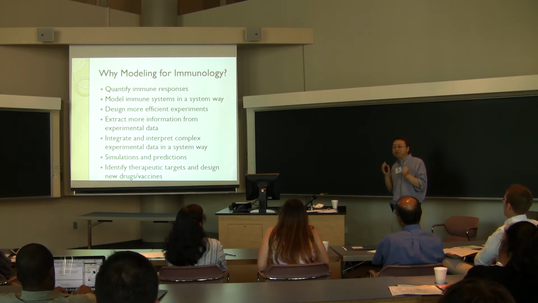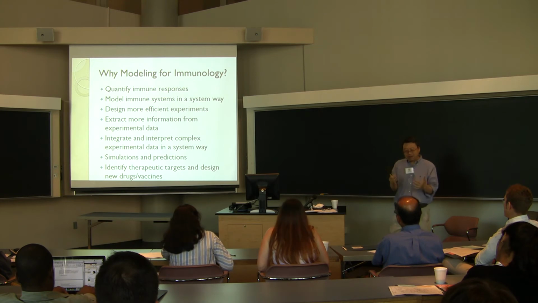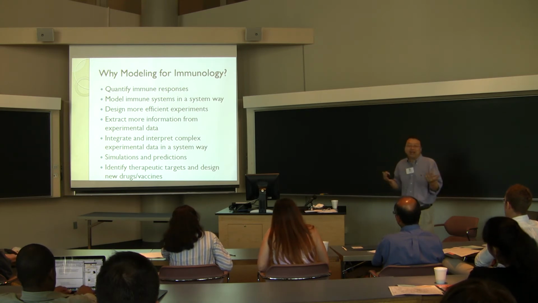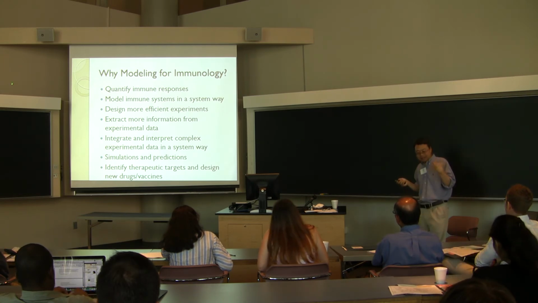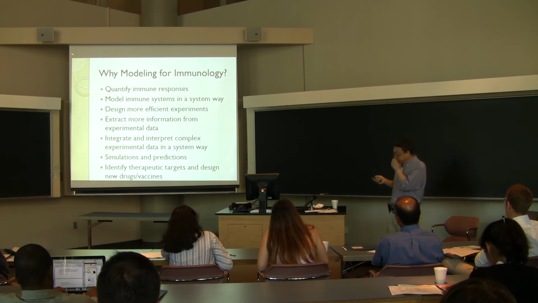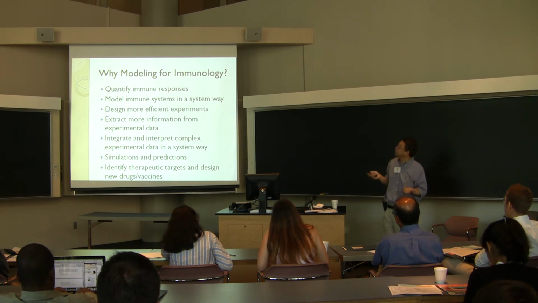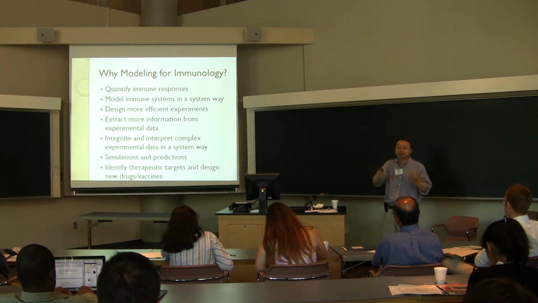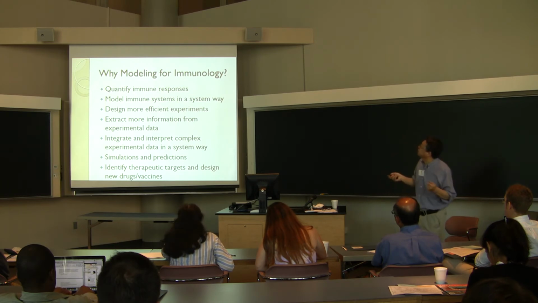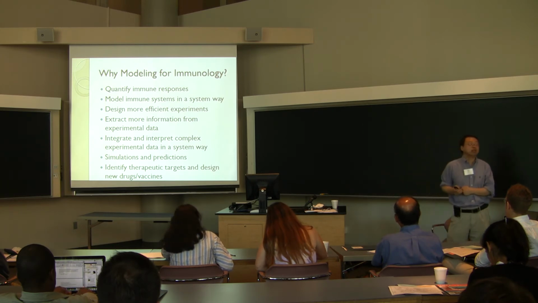So NIH tries to put more money to speed up the maturity of that biological field. If you say my field has so many uncertainties, I cannot quantify, everything is qualitative, not quantitative, that means that field is not mature yet. In order to make that field mature, you really need to quantify. You can measure things, quantify the relationships and all the things. So this is the first thing: you need to quantify the immune response.